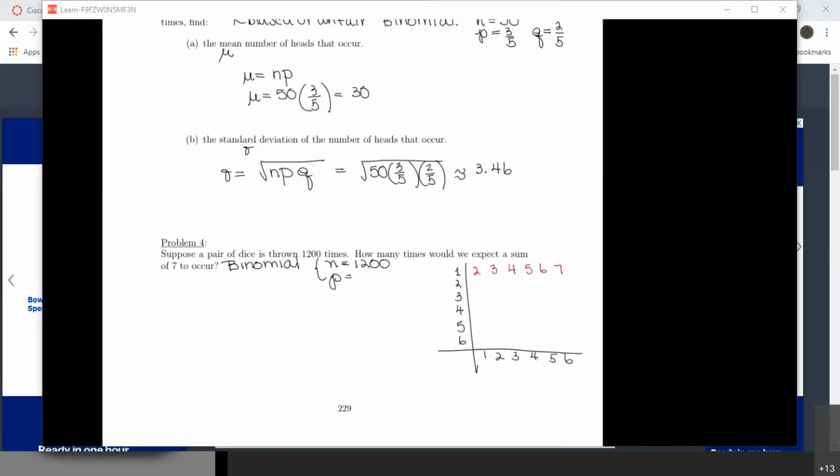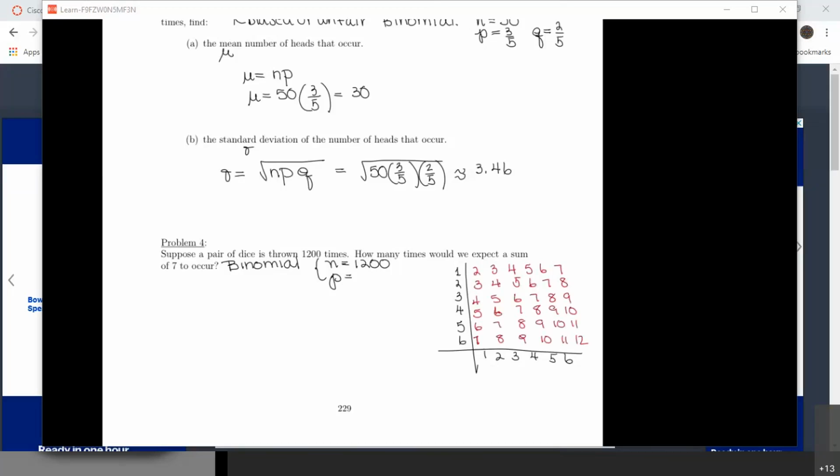Okay, and then I have just filling it in real quick. Okay, here are the ways you can get sums on a pair of dice.